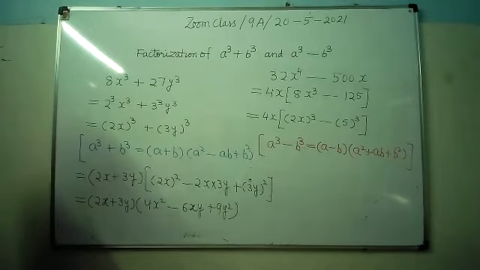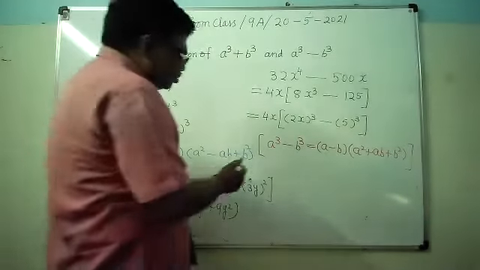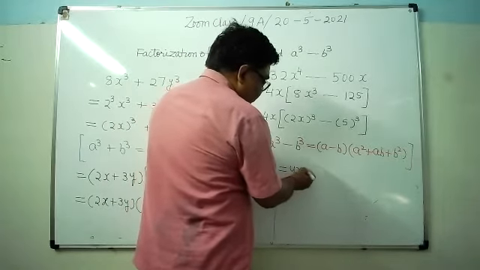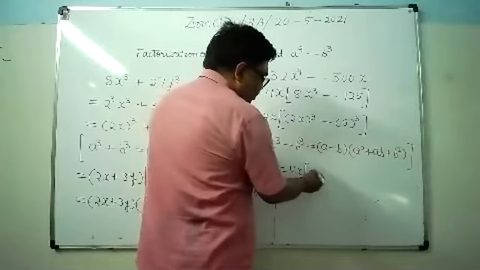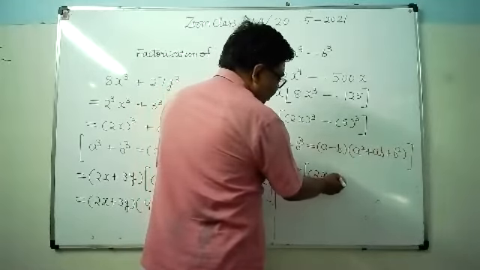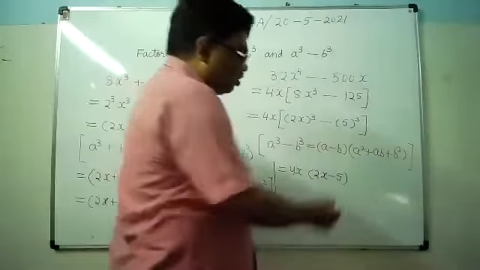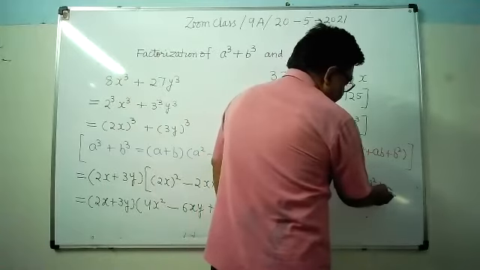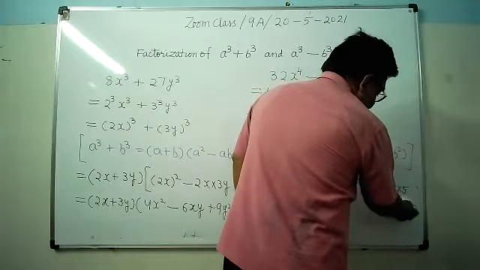And in place of b, 5. So you can write 4x within bracket. First is a minus b, that is 2x minus 5. Now in the next bracket, you can write 2x square plus 2x into 5 plus 5 square.